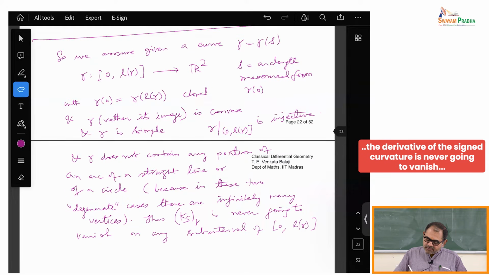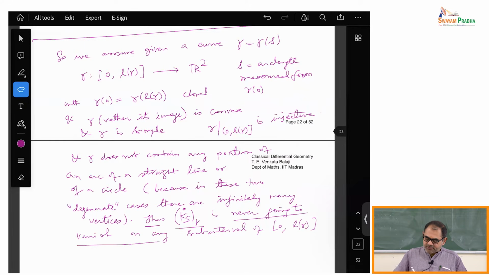Thus the derivative of the sine curvature of gamma is never going to vanish on any subinterval. Of course, what this uses is the fact that if it does, then on that subinterval the sine curvature is constant, and that means the arc must be either a portion of a straight line or of a circle.